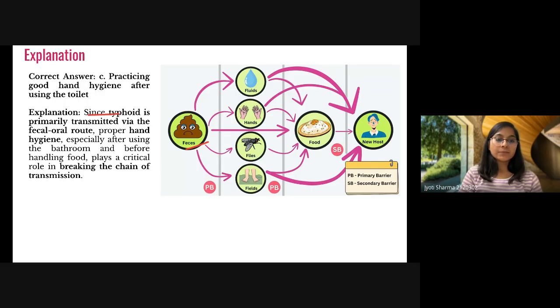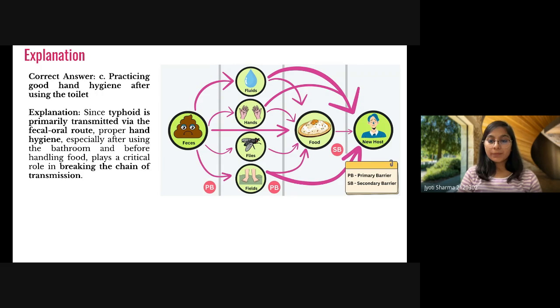Since typhoid is primarily transmitted by the fecal-oral route, proper hygiene, especially after using the bathroom and before handling food, plays a critical role in breaking the chain of transmission.